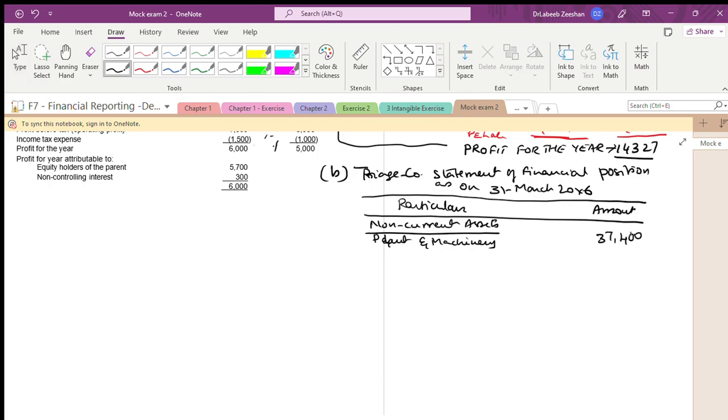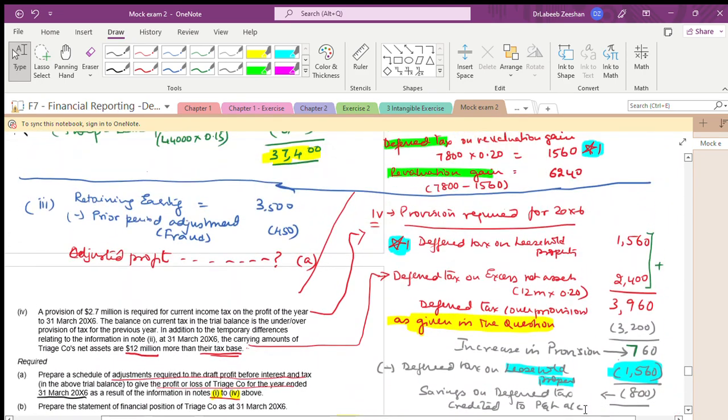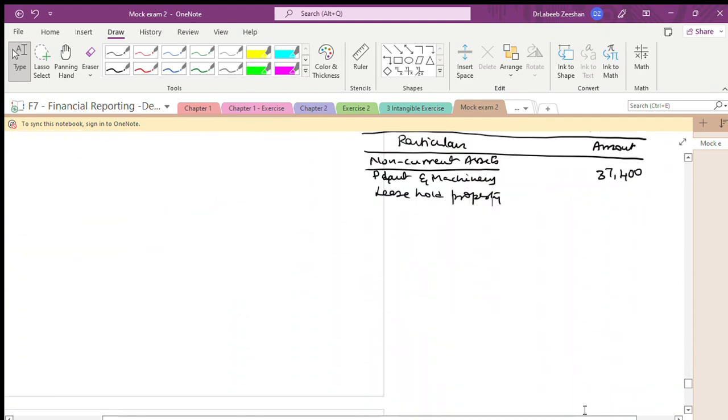Is it right? Next, leasehold property. How much is the leasehold property? Leasehold property is 64,600.